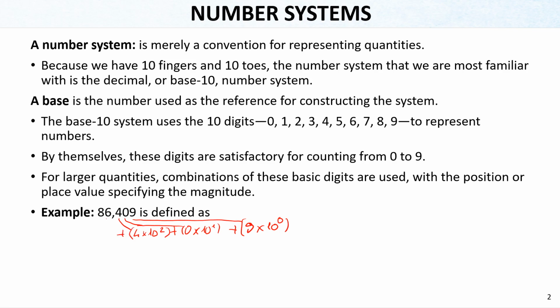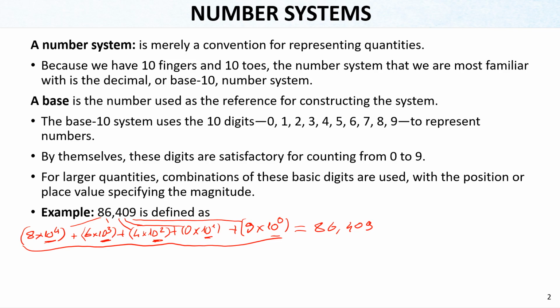Plus 6 is 6 times 10 to the power 3. And this is 8 times 10 to the power 4. If we sum these, it will give us 86409, and this kind of demonstration is based on powers of ten, and that's why it's called the base 10 system.